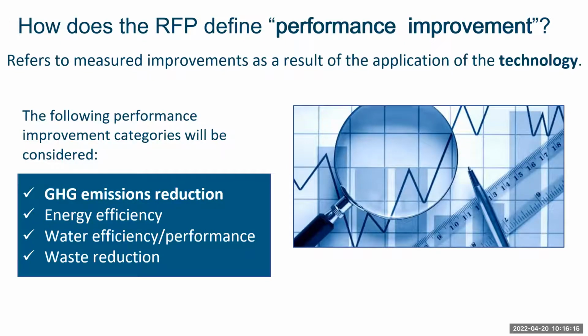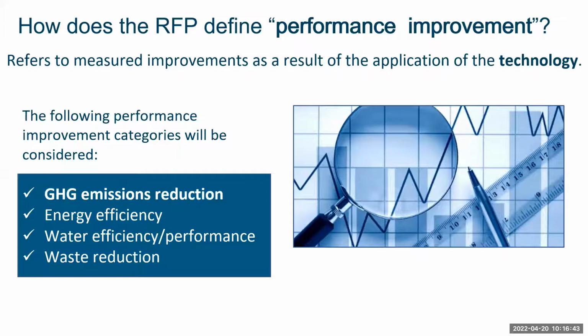Making the same amount of product using less energy, or making more product using the same energy you are now. And Shankar will go into this in more detail, but it's going to be a comparison to the existing situation at the site after this new emerging technology has been installed.